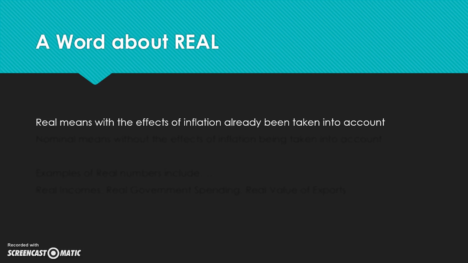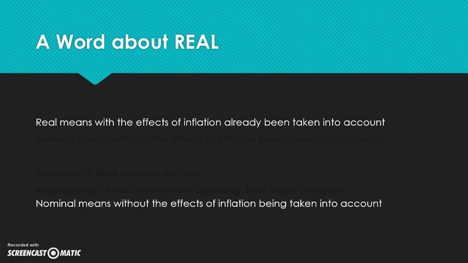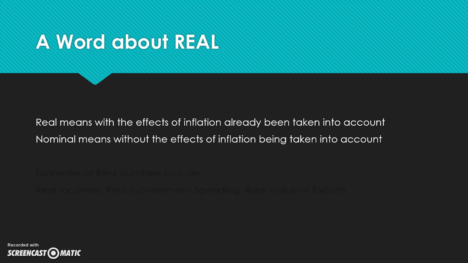So real income increase means that income has gone up once we've taken into account inflation. Nominal means that we haven't taken into account inflation. So if I say my income has gone up by 5%, and that's the nominal amount, that means it's just gone up by 5%. I'm not taking into account what's going on with inflation.